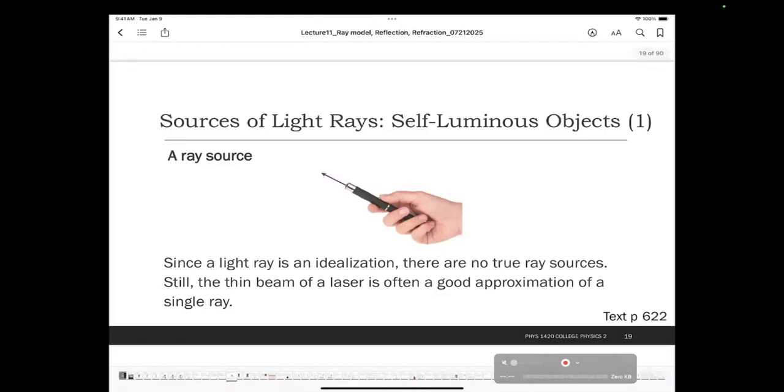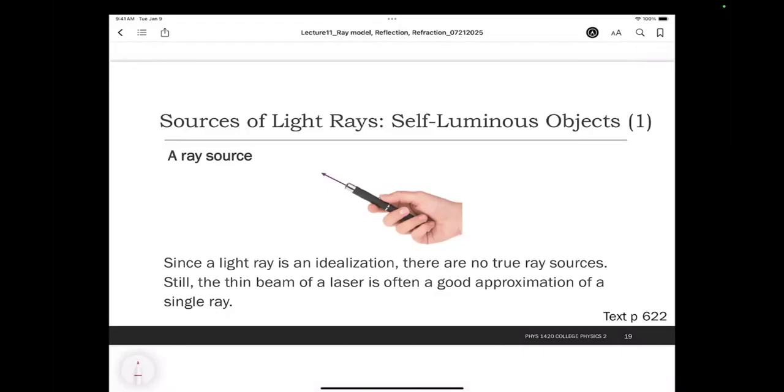Firstly, let's talk about what a ray source is. Since a light ray is an idealization, there is no true ray source. When we talk about a light ray, it's just an idealization, an ideal idea.